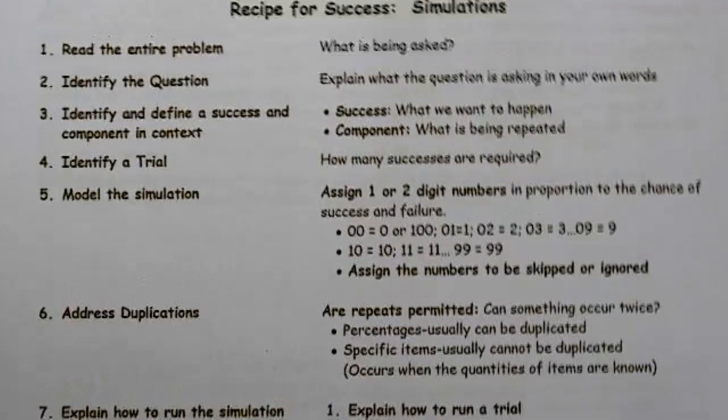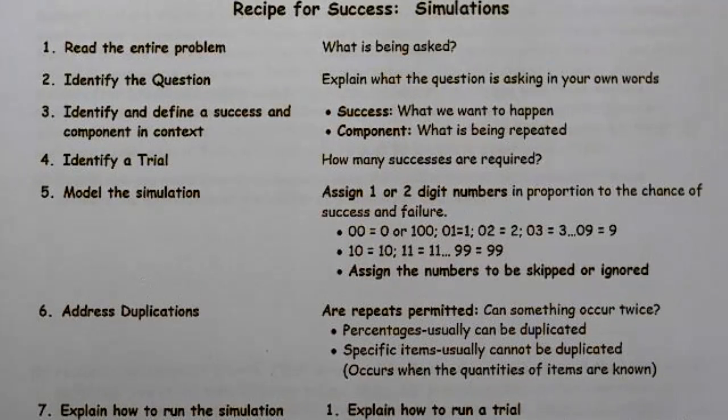We have a recipe for success, and I'm going to go through this step by step because it's really important that you follow this and get used to following these when you're working problems. Some of it is very basic and you don't have to write down. Other parts of it you absolutely have to write down every time you do a simulation, and I'm going to tell you which parts are that case for.